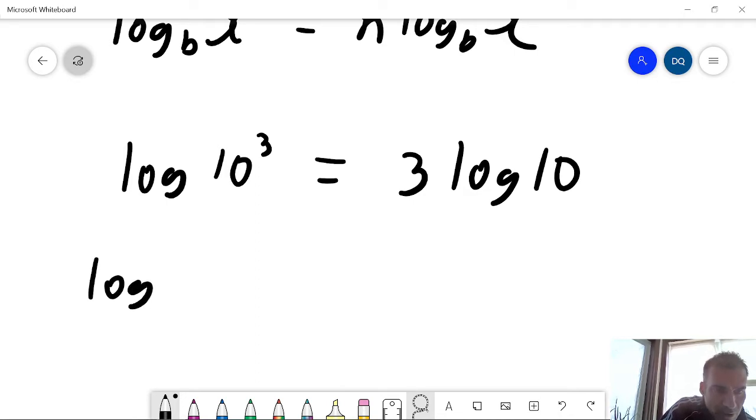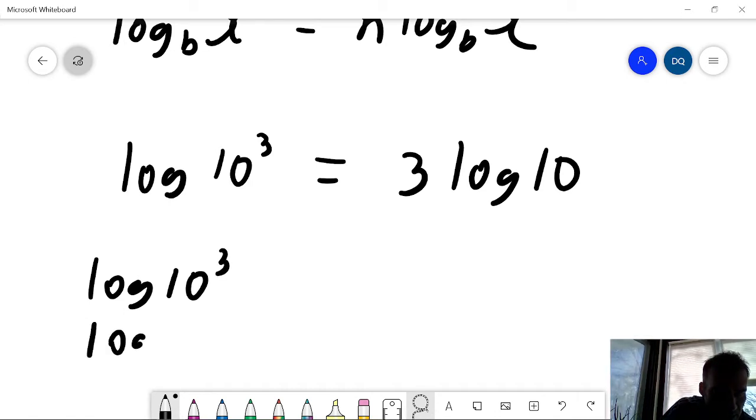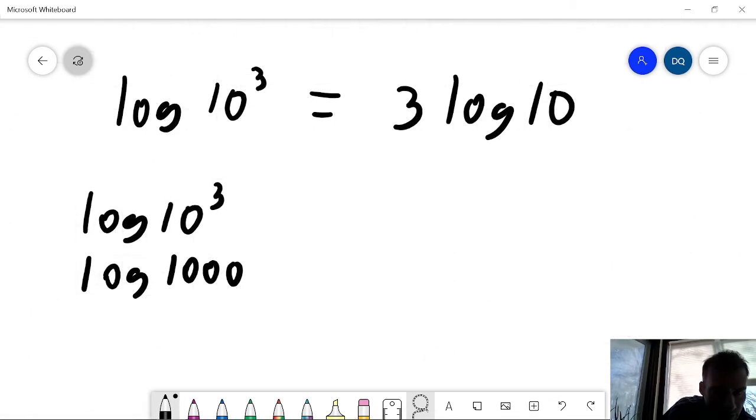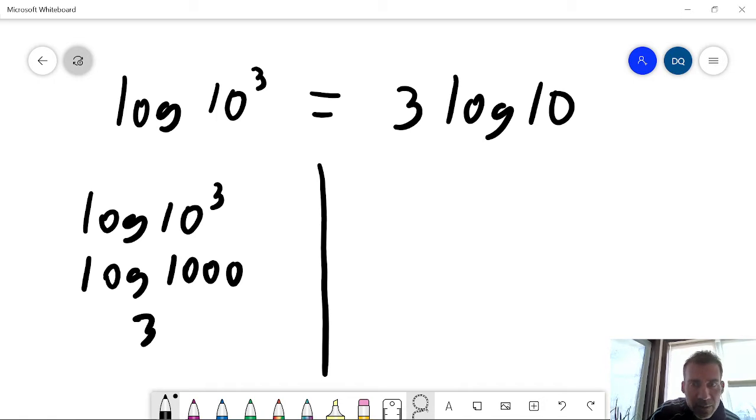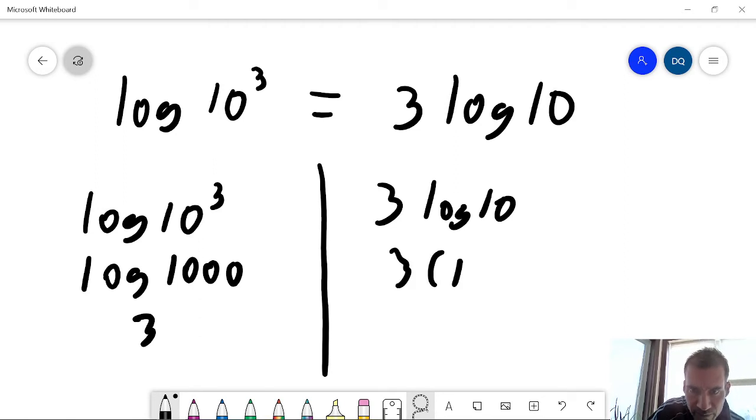So the base 10 log of 10 to the 3 is the base 10 log of 1,000, which is 3, because 10 must be raised to the exponent 3 to give you 1,000. I'm assuming you know what a log is by the time you're watching this video. 3 times the log of 10 is 3 times the log of 10. The log of 10 is 1. So that's 3. So this checks out.